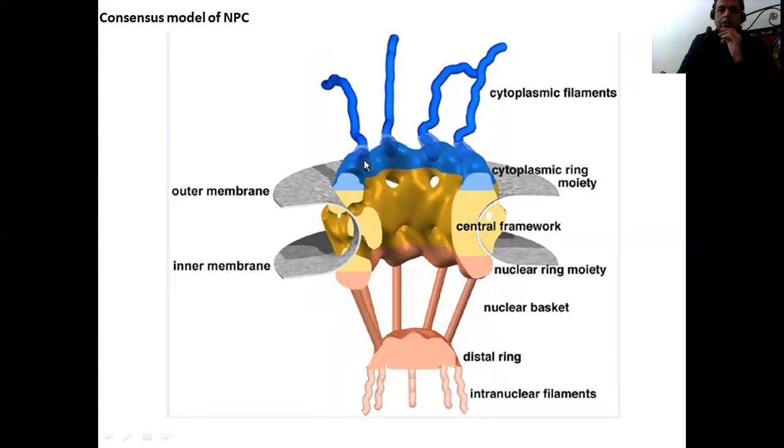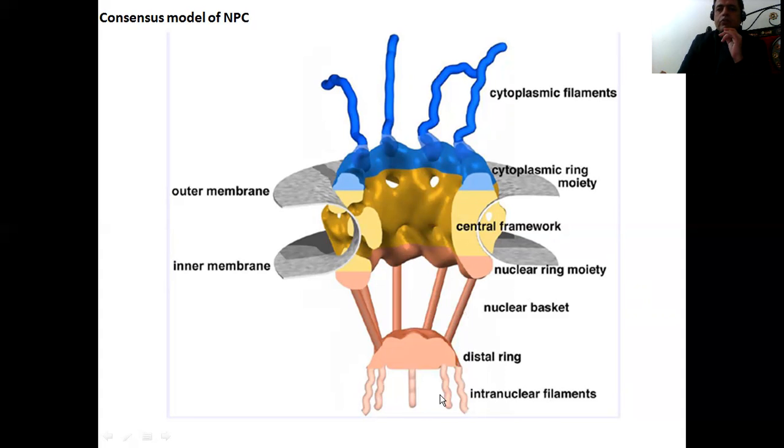You can see these tunnels, which have different conformations. That's why when they come together, they make this particular structure, making a nuclear basket here where it can hold something. There's a distal ring, and intranuclear filaments, just like the cytoplasmic filaments.